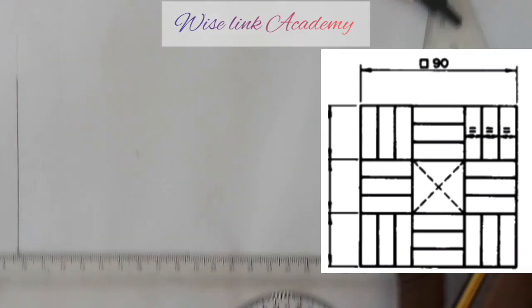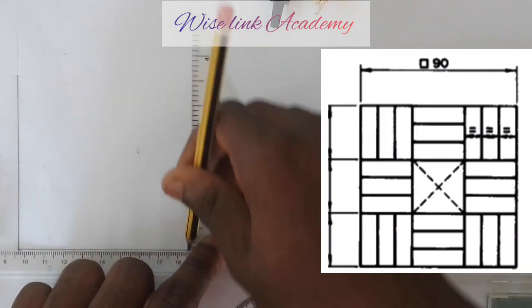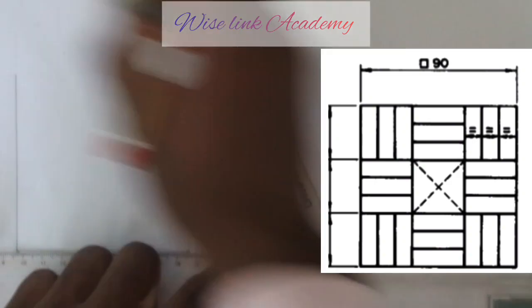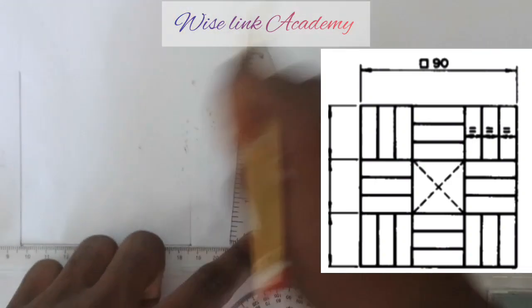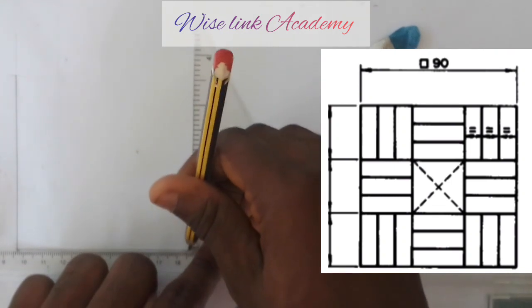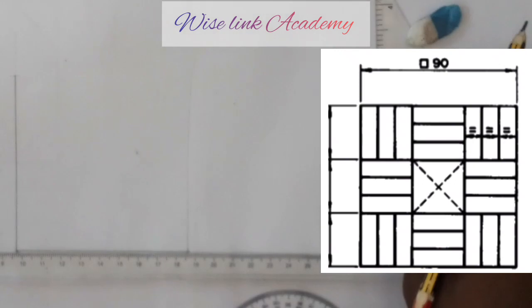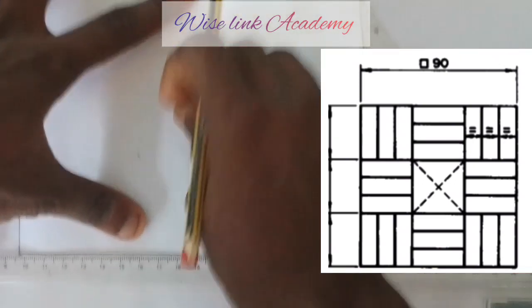So with the help of my T-square and set square this way, I'll draw a vertical line upward, right? Upward this way, right? I don't know why it's bending.